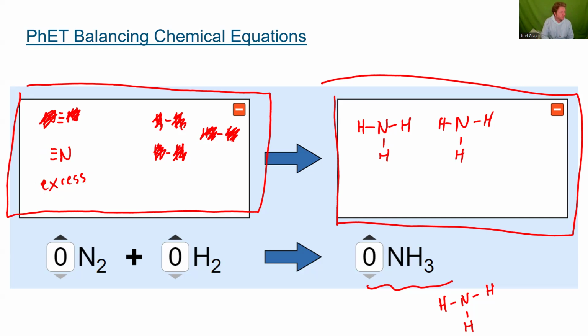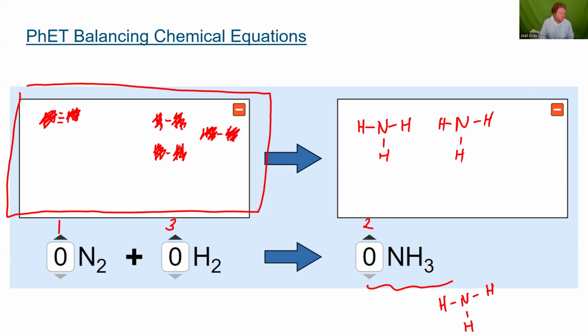I'm going to get rid of this because this shows me a balanced chemical reaction: one N2, three H2s gives me two NH3. Now, does everyone follow that right there? Add a Y for yes, I'm good, or an N for no, I don't follow.